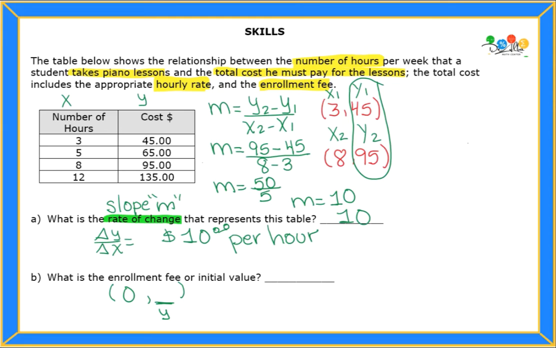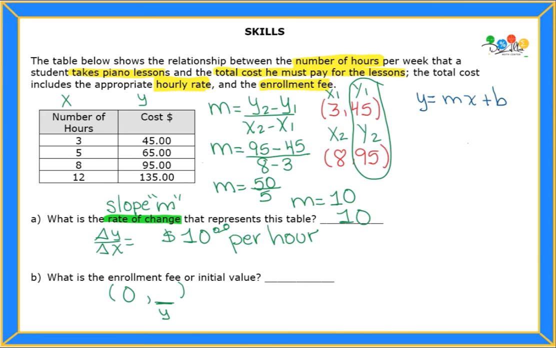So for many of us, it will be the y-intercept. Okay? So what we're going to do next is find the y-intercept by using the equation of a line, okay? And the equation that I'm going to use is the slope-intercept form, which says y equals mx plus b.